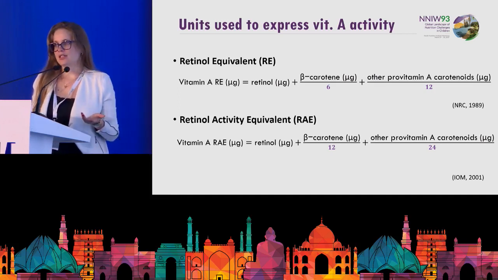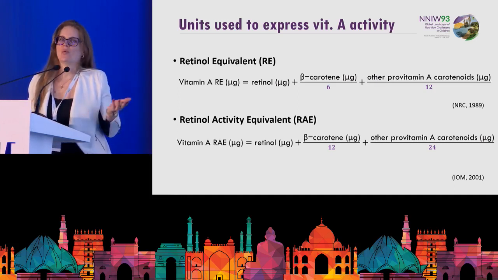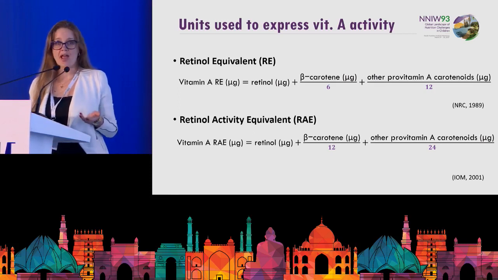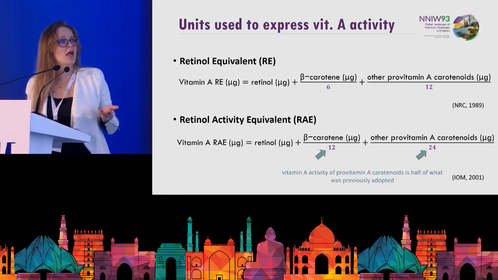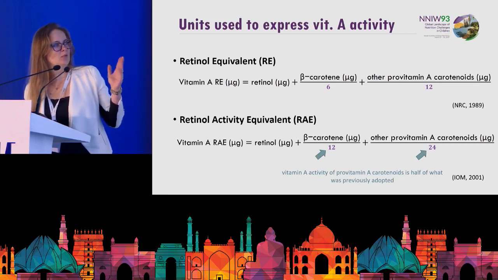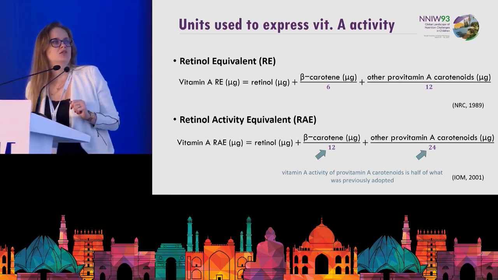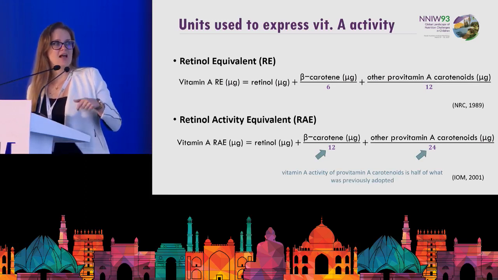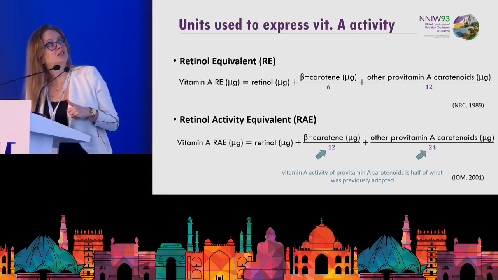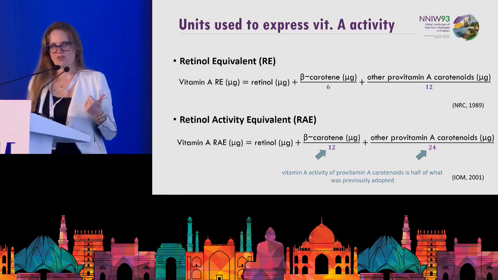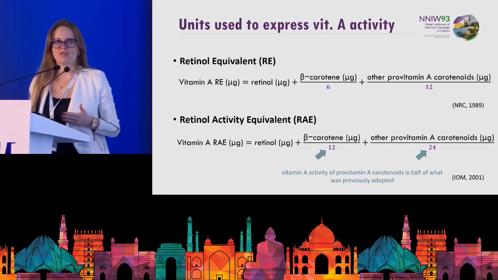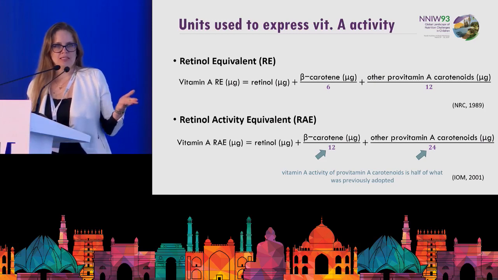And carotenoids don't have the same activity, so we have to use a conversion factor for these components. And what happens is that when we calculate retinol activity equivalent, we consider that the activity of provitamin A carotenoids is half of what was previously adopted by retinol equivalent. So we will have lower values using this unit.